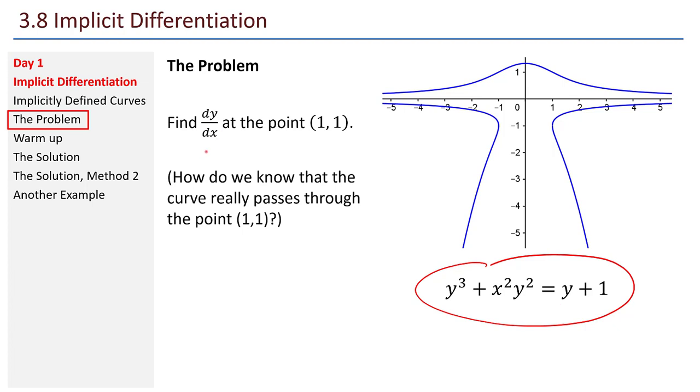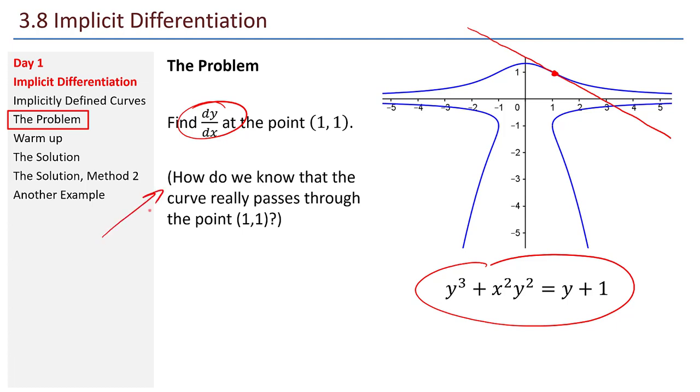And our goal is to figure out what is dy/dx at the point (1, 1). So look at the graph at (1, 1). There's a slope through there, right? There's some tangent line that I could draw. And by asking what is dy/dx, I'm really asking what is the slope of that tangent line through that point?